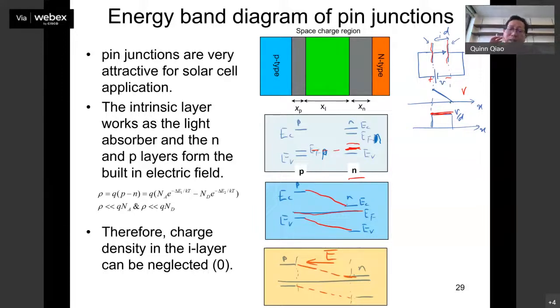The ions. So on the N side you have a lot of positive ions. On the P side, because you lost holes, you lost positive charge, what's remaining is negative ions. Since this is positive and this is negative, the electric field is from right to left.